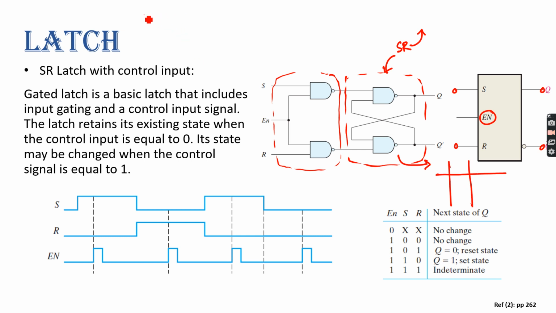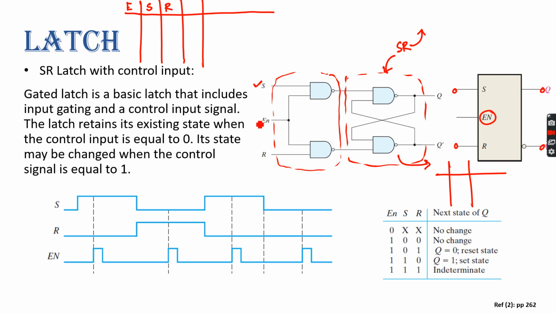So now I want to add some inputs. So this is my first three, S, R, and suppose we are adding another one here, enable.